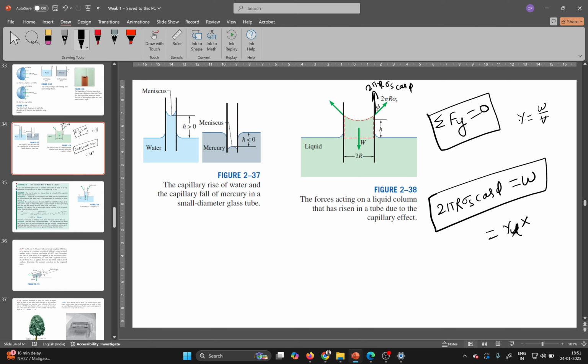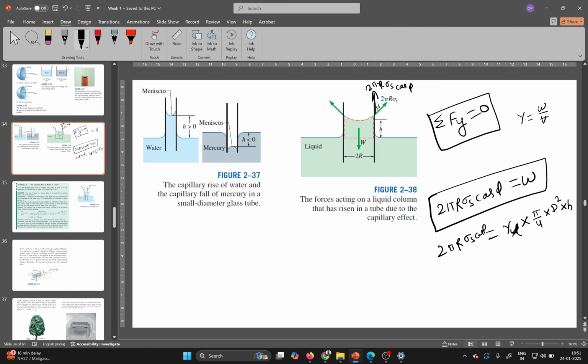So weight is equal to unit weight into volume, and volume is pi by 4 into d square, the diameter of this tube, into height h. And here 2 pi r sigma s cos phi, where r is the radius and 2r is the diameter of the tube.